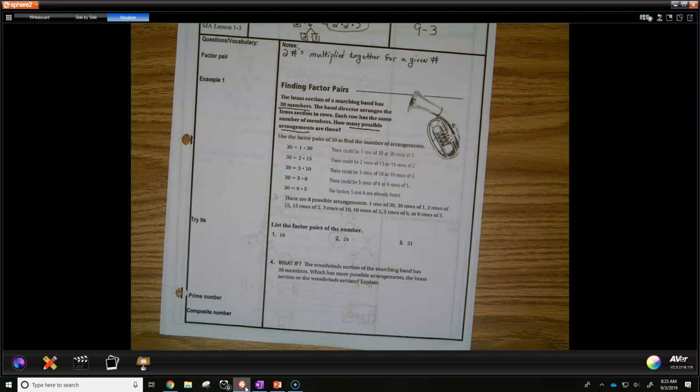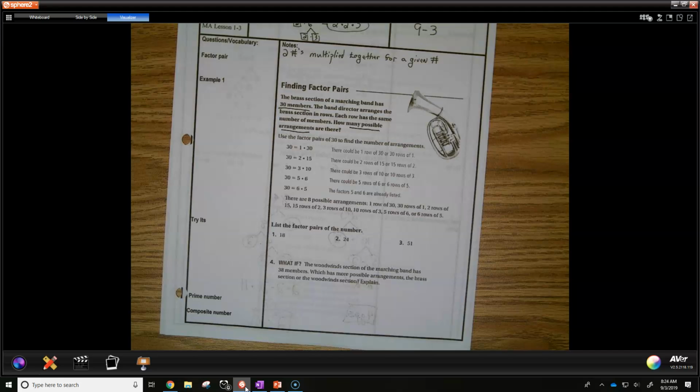So this is where we underline. When it says the brass section of a marching band has 30 members, do I care? I don't care what it is. They have 30 of something. That's all I need to know. I underline 30 members. So in my head, I'm thinking 30. There's 30 of them. The band director arranged them in rows. Good for him. Each row has the same number of members.